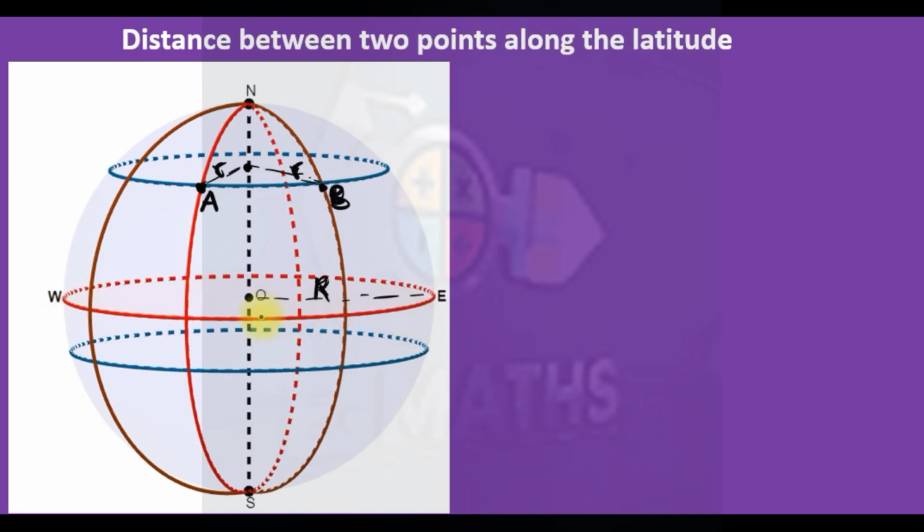It's only the equator that the radius is the same as the radius of the longitude. As you can see, if you connect here to here, is a big radius, which is R, because this is a big circle. So let's now find the relationship between small r and big R.